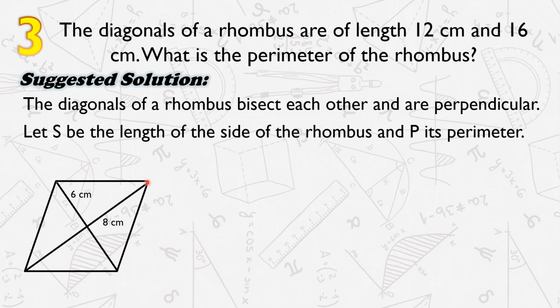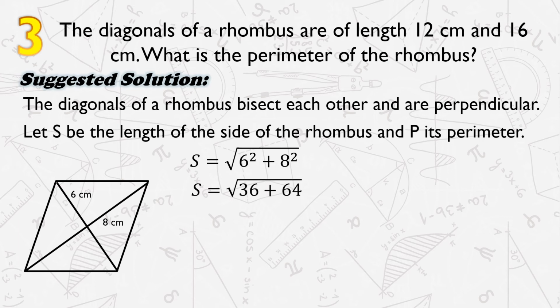Let S be the length of the side of the rhombus and P be the perimeter. So we can solve for S as the square root of 6 squared plus 8 squared, using the Pythagorean theorem on the right triangle formed at the intersection of the two diagonals.